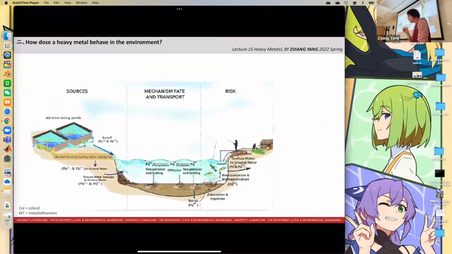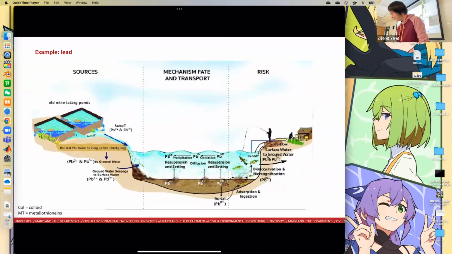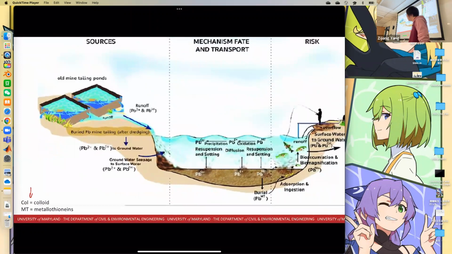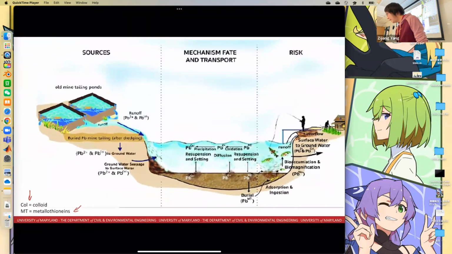And here are some examples. The first one is lead. And we have the notes that COL refers to colloid, and MT refers to metallothioneins. So basically, this is an organic compound. We can see that when we have some lead from the runoff, like from the mining pond, because it is in the ionic form, it can move with the water or runoffs from the rain, and then it may go to the rivers or the lakes.